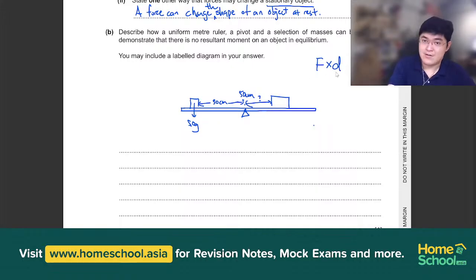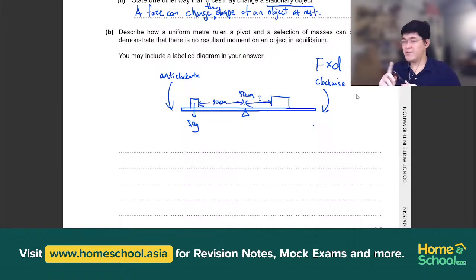We need to make sure that the moment acting in this direction, which is anti-clockwise, is equal to the moments acting clockwise over here. Clockwise is equal to anti-clockwise, right? So let's write that down in our answer.